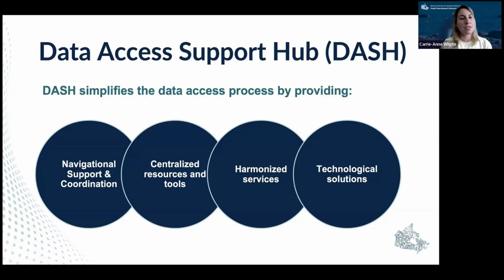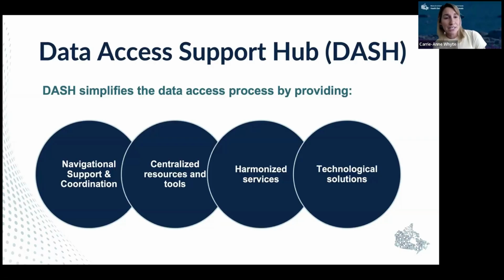We also offer a suite of different centralized resources and tools at hand. So, for example, we have a data assets inventory that allows our researchers and other key stakeholders to look at what type of data is available within each of our member organizations. We also have harmonized services where we can help make the process more efficient for researchers accessing data.